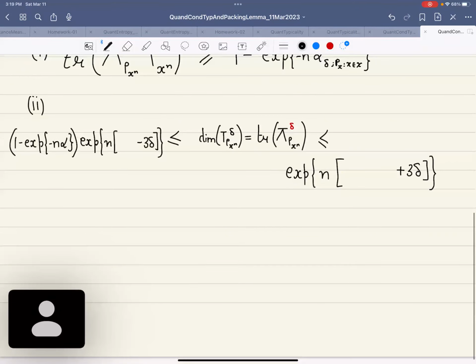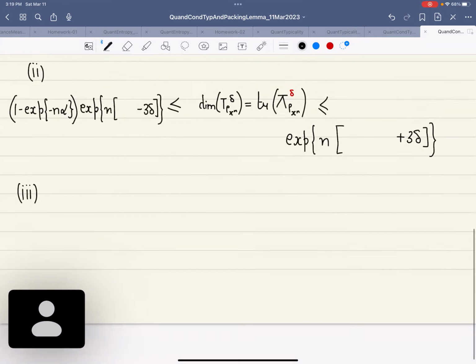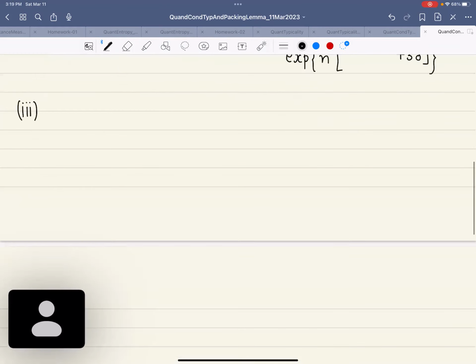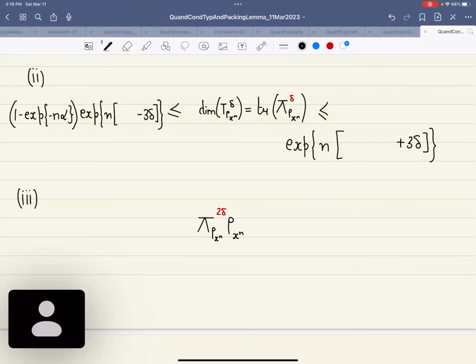Okay, I'll fill that up. We have pi rho x^n 2 delta. I'm thinking this should also be 2 delta.